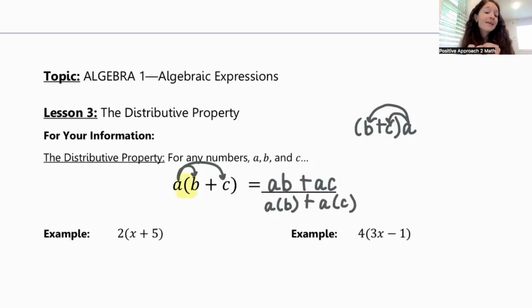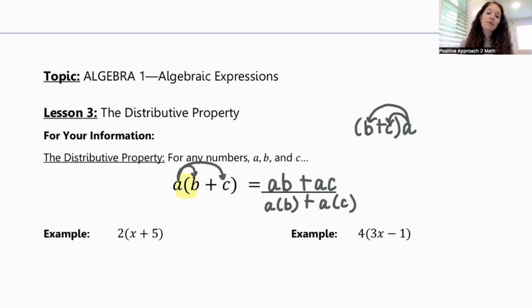So that's saying A times the quantity B plus C, and we have to distribute that A to everything inside our parentheses, or as I say, everything in our hug. We have to hug everything, not just B, but C too. So we do A times B, and then A times C. And if there were 3 terms in that set of parentheses, we would distribute to all 3.